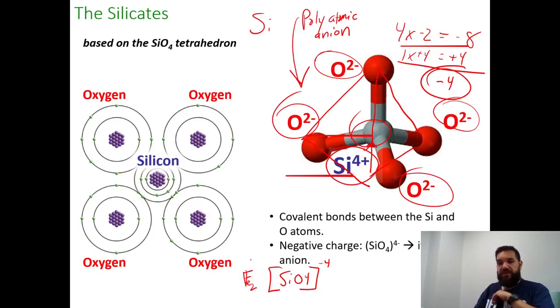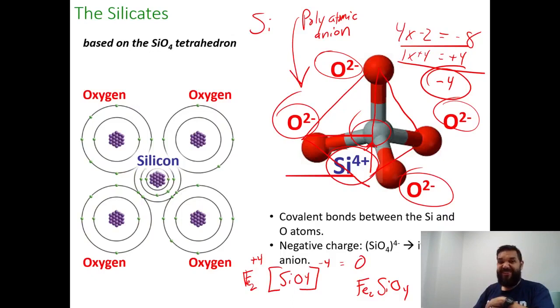Each of those irons has a plus 2 charge. That brings it to a plus 4. So plus 4 and negative 4, it achieves electrical neutrality. Okay, so that's a real mineral. It's called fayalite. It's a type of iron-rich olivine. So it's 2 cations of iron bonded with 1 silicate tetrahedron.